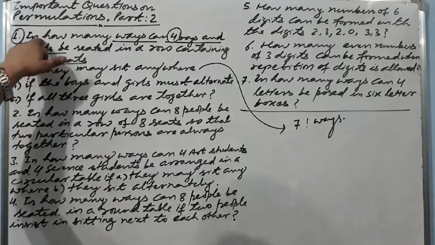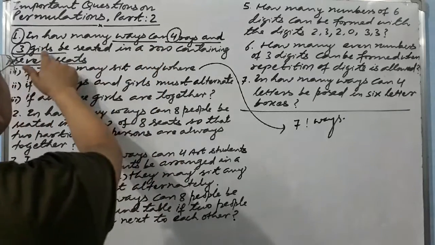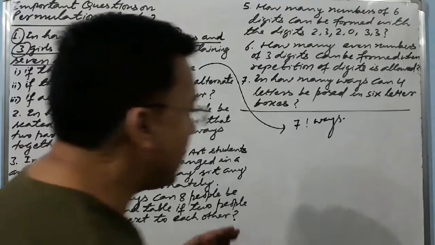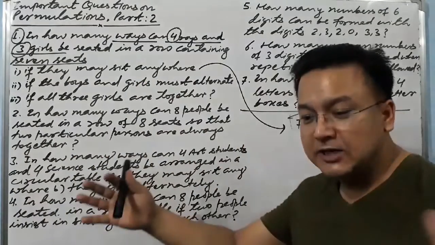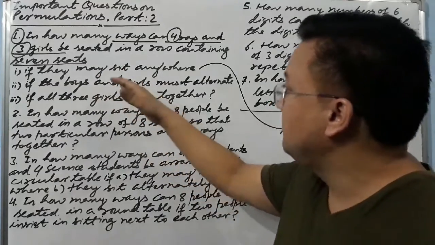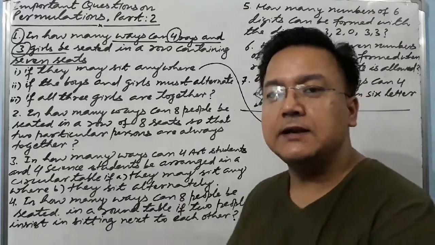What is question number one? In how many ways can four boys and three girls be seated in a row containing seven seats? We have seven seats and seven persons. If they may sit anywhere, there is no restriction. Anyone can sit anywhere.